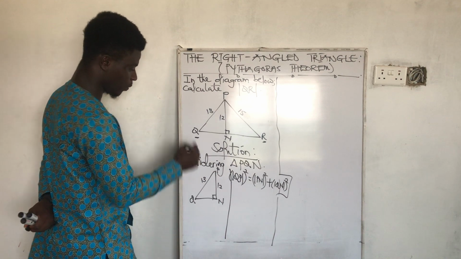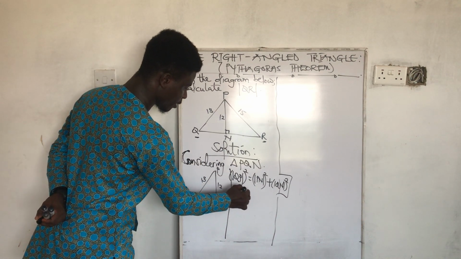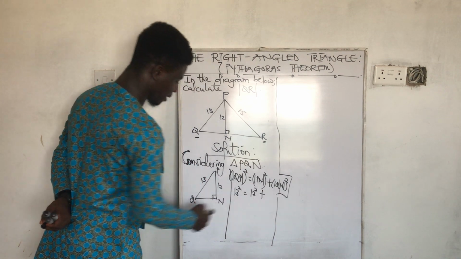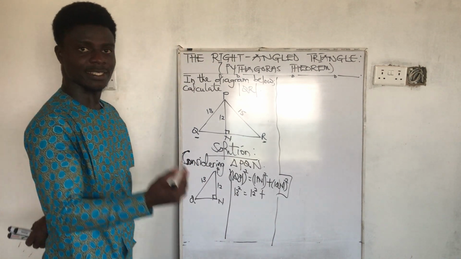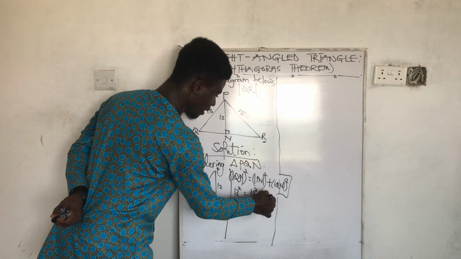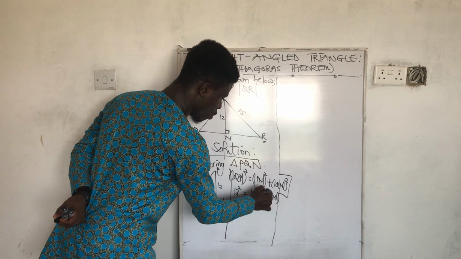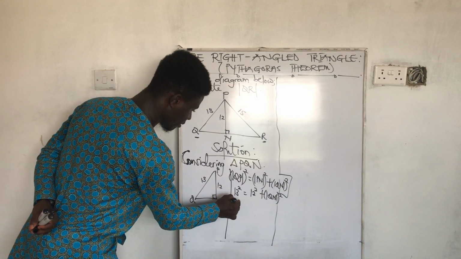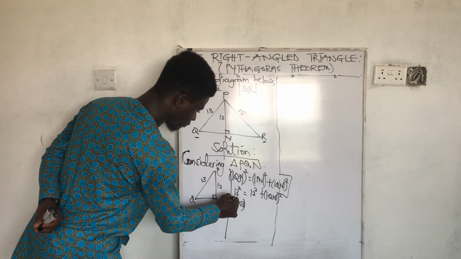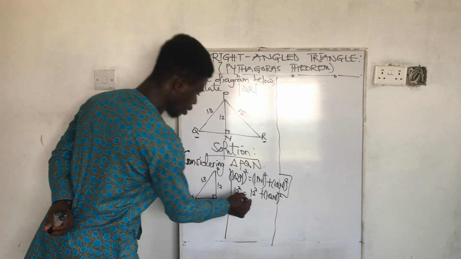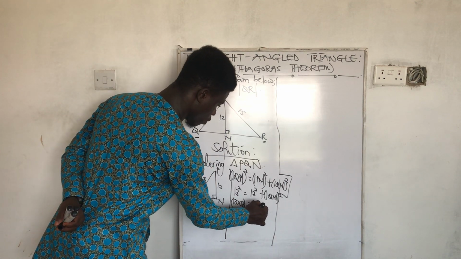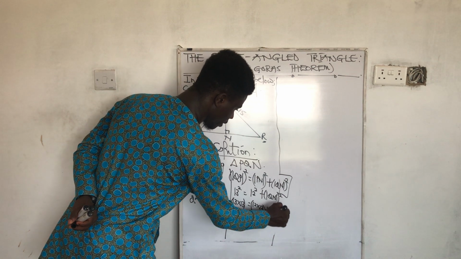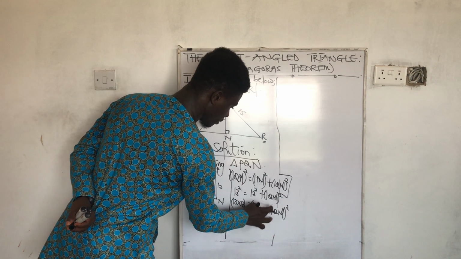So the length of QP all squared, that's 13 squared, equals PN all squared, that's 12 squared, plus, here I don't know any distance, so it still remains QN all squared. So 13 squared means 13 times 13. Then 12 squared means 12 times 12. Then plus QN all squared.